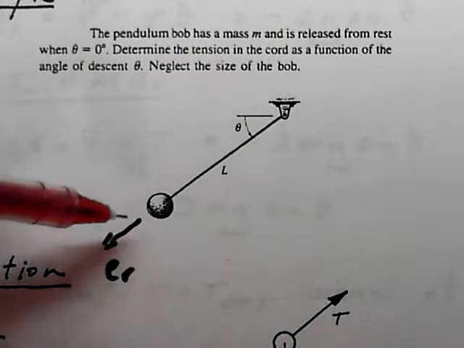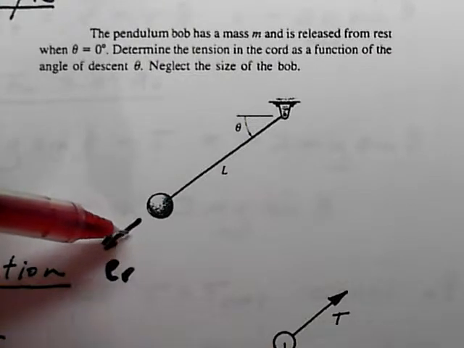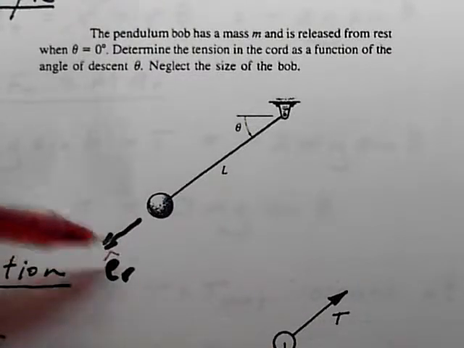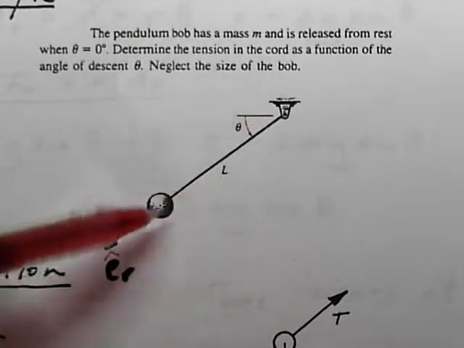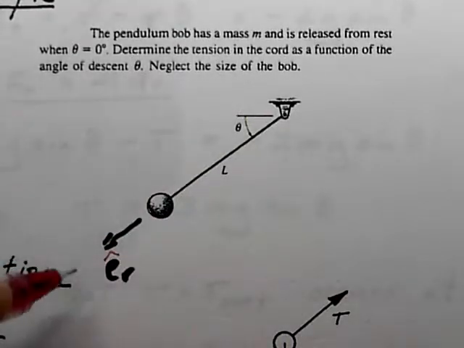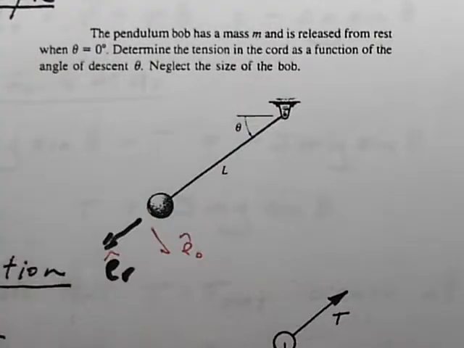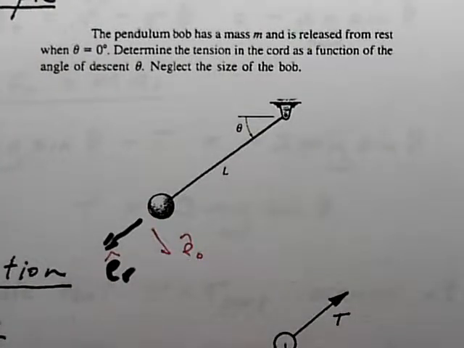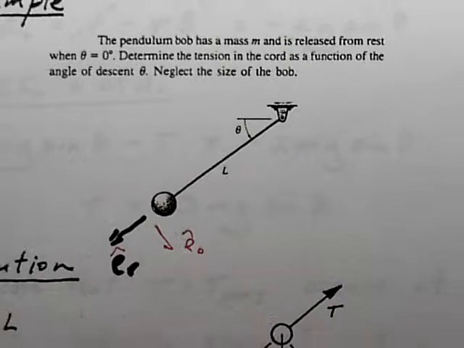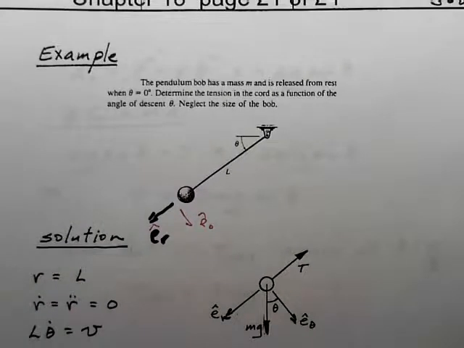Okay, so I've already written a few things on this diagram, noting that the radial direction unit vector is pointing straight out from the center as we would expect, and therefore the theta direction unit vector e theta would be pointing there. Let me zoom out a little bit so that we can see the rest of this a little bit better on this screen.